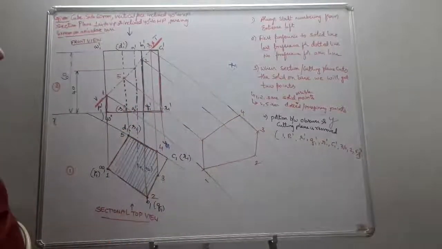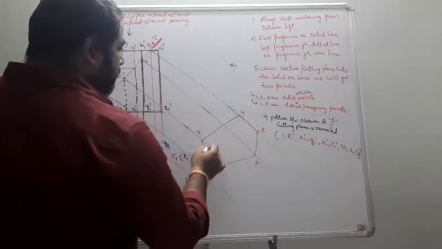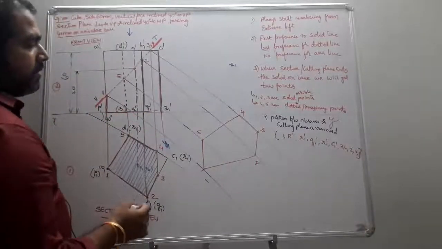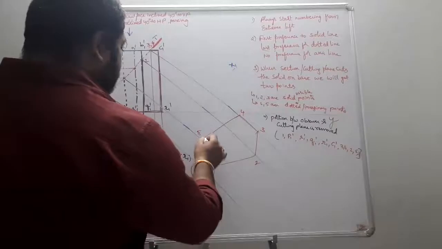Okay. So this was the shape. And you just obtained it. After the shape is obtained, you just make it a hatch.